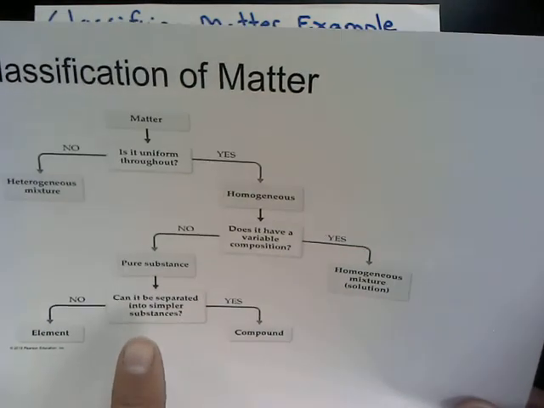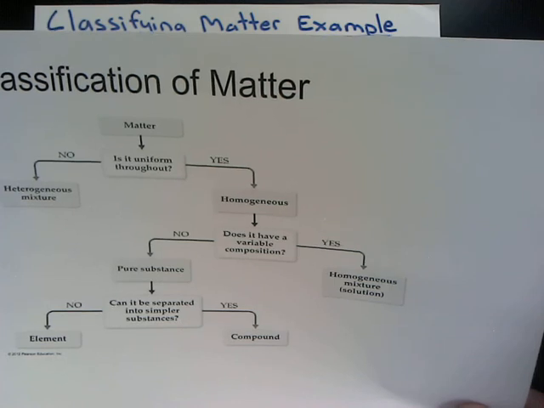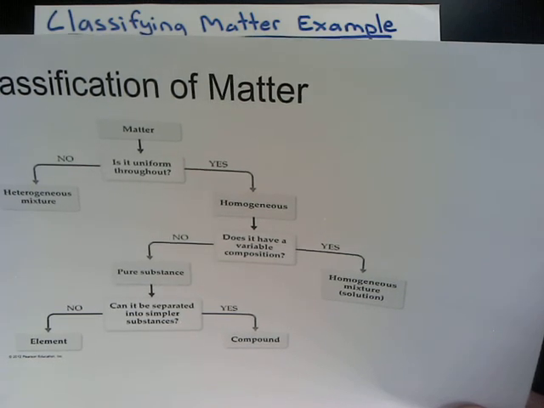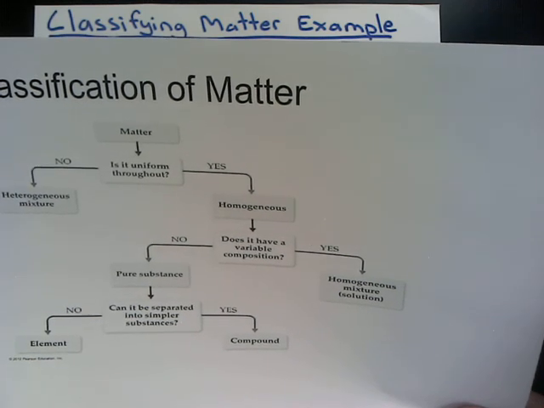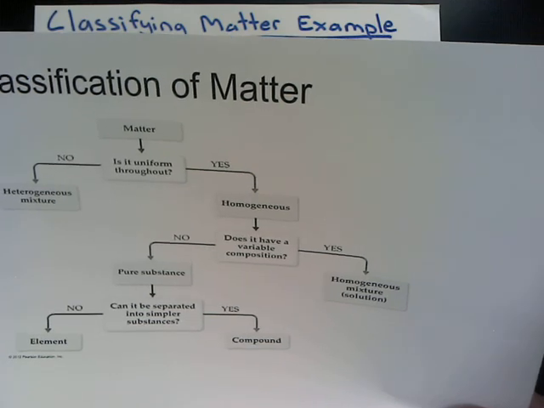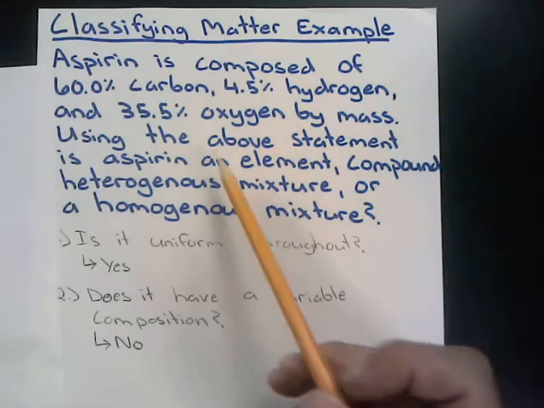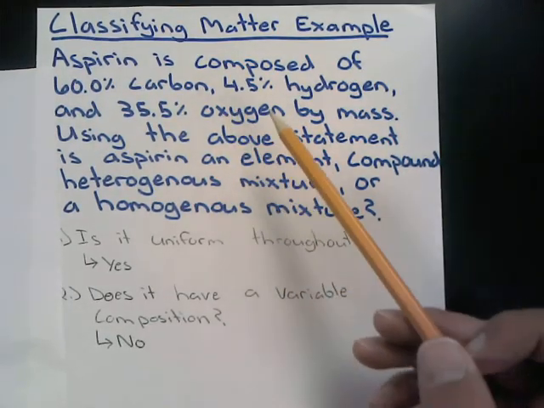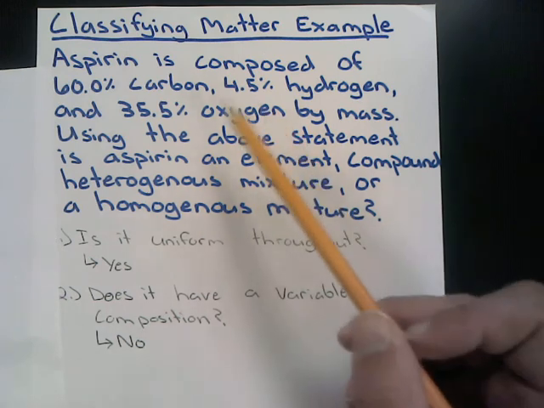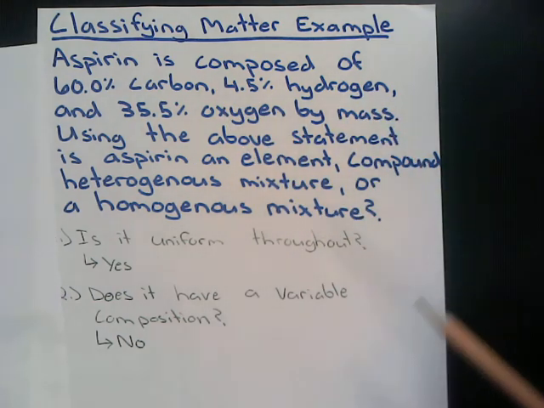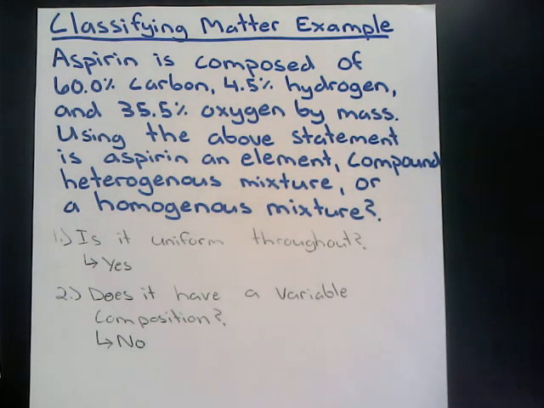So we ask ourselves this final question. Can this particular substance be separated into simpler substances? Is it composed of different atoms or elements? The answer is yes, it's composed of 3 different elements. And if you wanted to, you could actually break that compound into simpler substances.